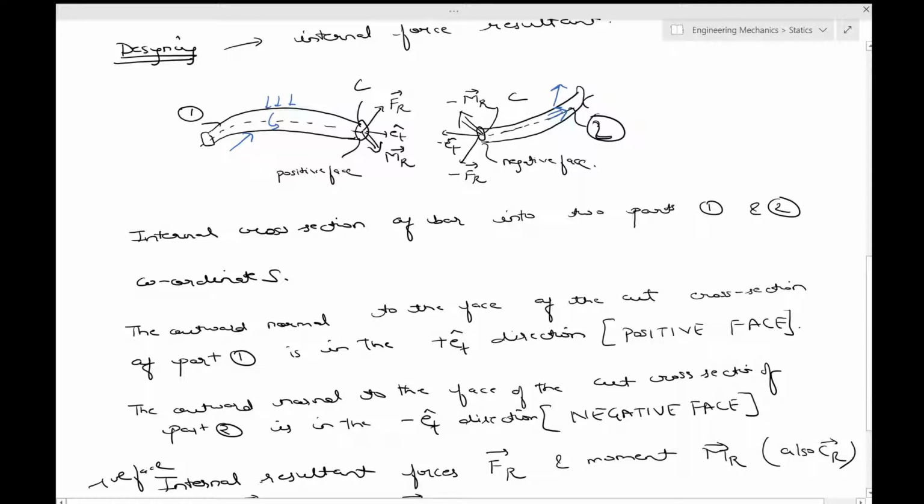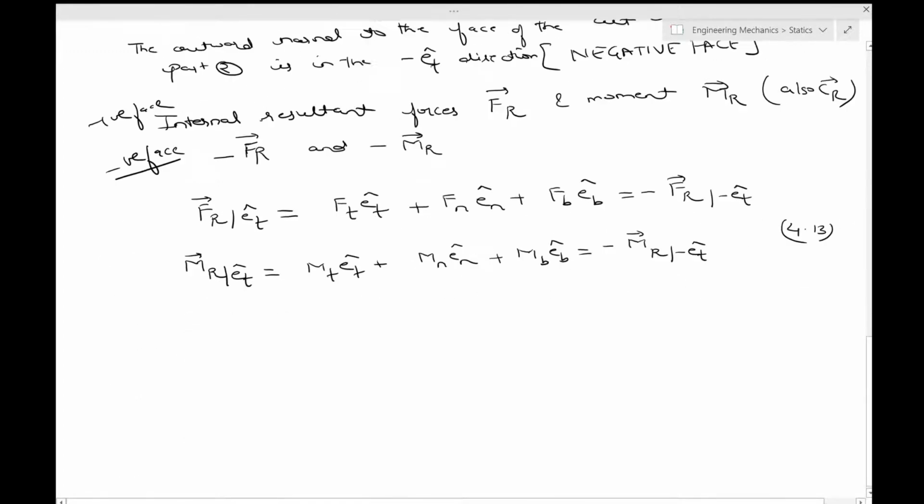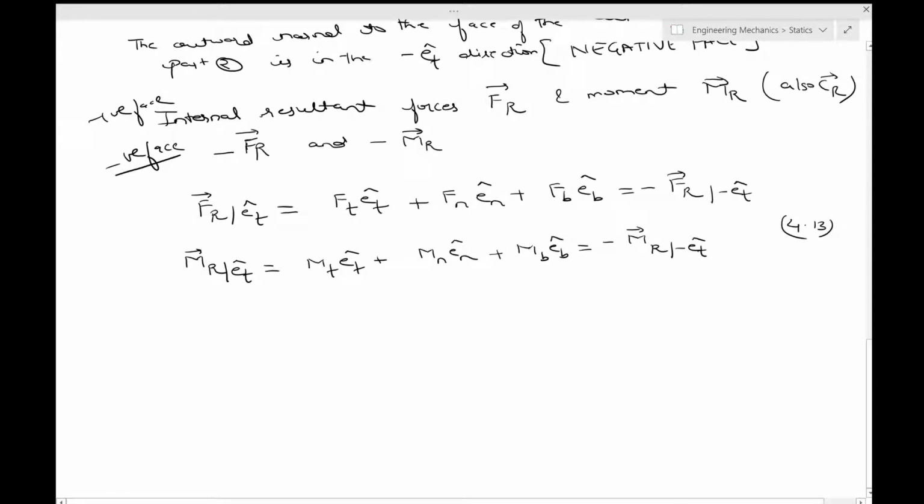But both of them are pulling forces, whether on this face or that face. So we require a sign convention which does not contribute to any confusion in this equation 4.13. Let's do that.